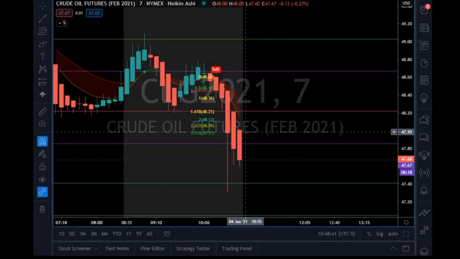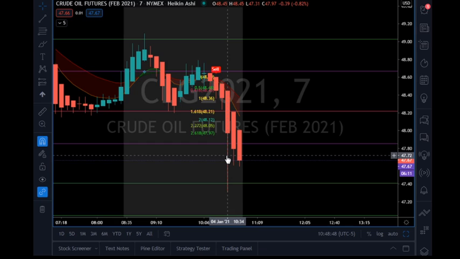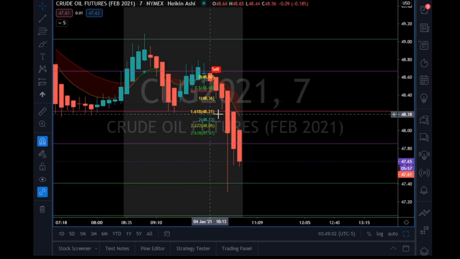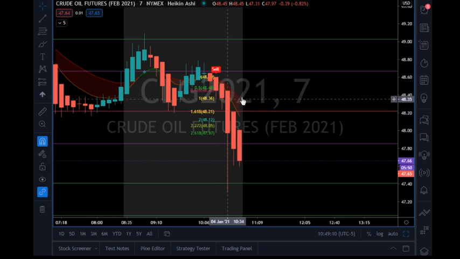It was a blank screen, but on crude oil we managed to short sell as well for 20 ticks profit, but then the price went even further down, touching the resistance line as support line until 47.41, so almost 100 ticks of price movement. But we managed to secure 20 ticks of profit, so it was a good one for crude oil as well.